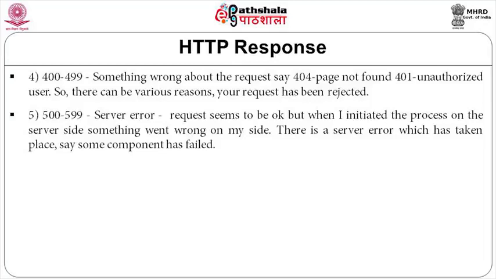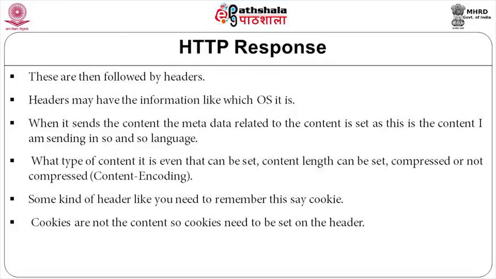So the first line in an HTTP response is the response line. It contains the protocol version, the response code, and some text corresponding to the response code. This is followed by a set of header lines. Headers indicate which server it is, which OS it is.